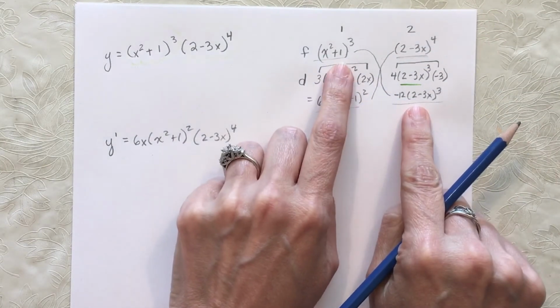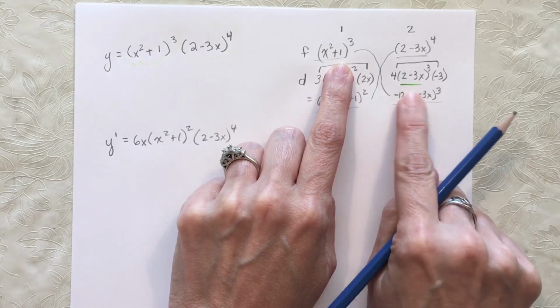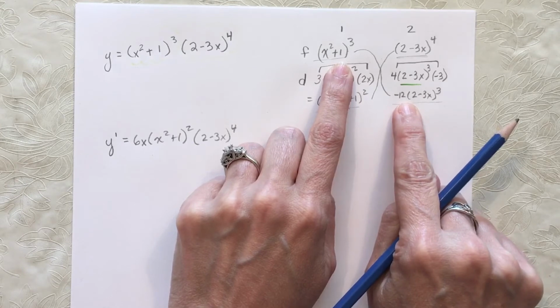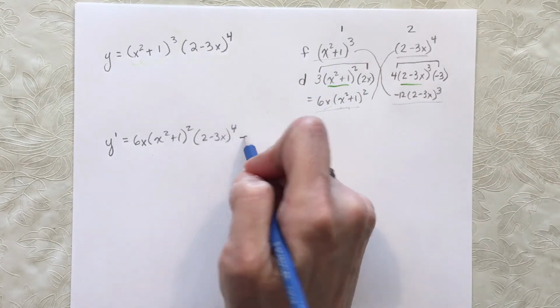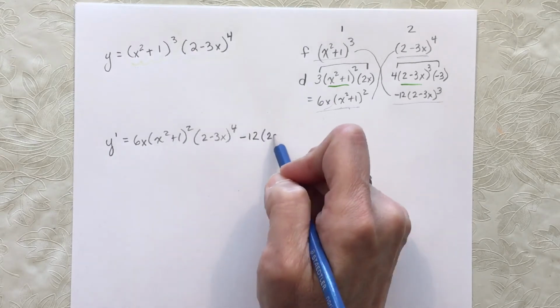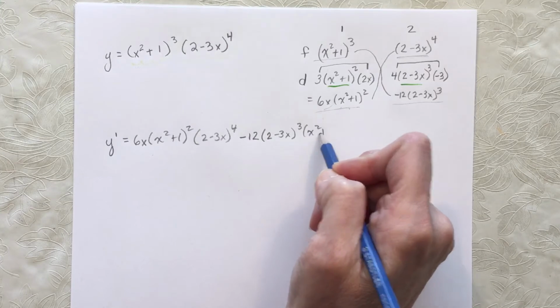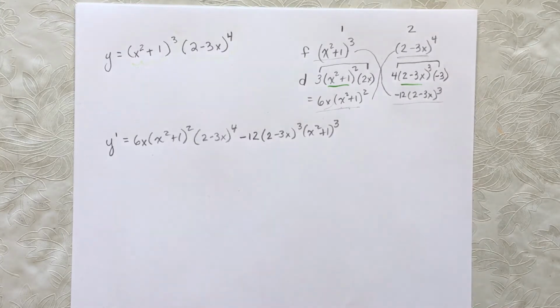So I'm going to be multiplying these two together and adding, but I want my monomial term out front, and it happens to be negative. So minus 12, there's my monomial term, times 2 minus 3x cubed times x squared plus 1 cubed. So in that first step, I've now found the derivative, I've done the calculus.